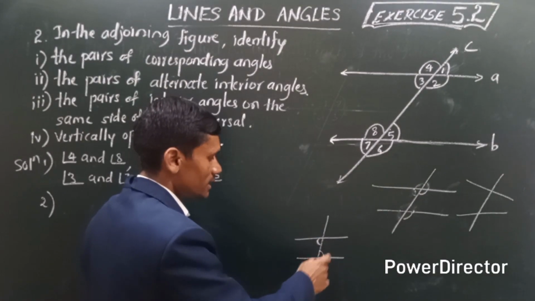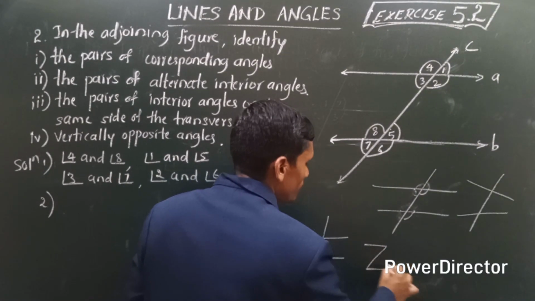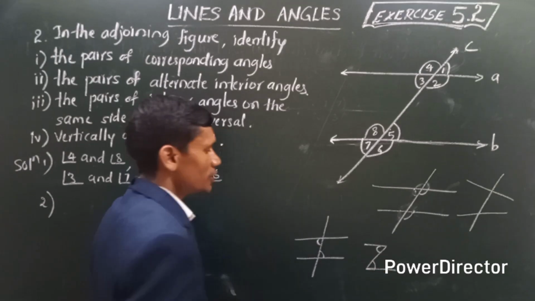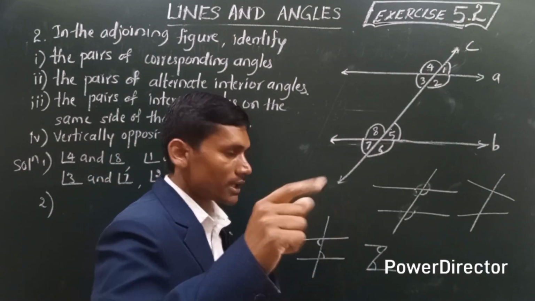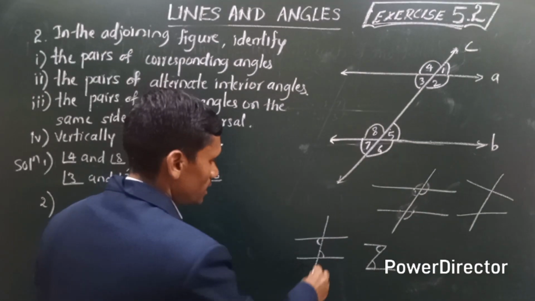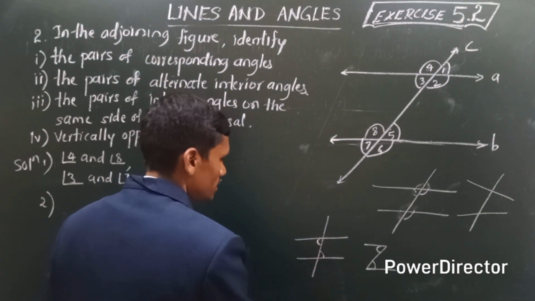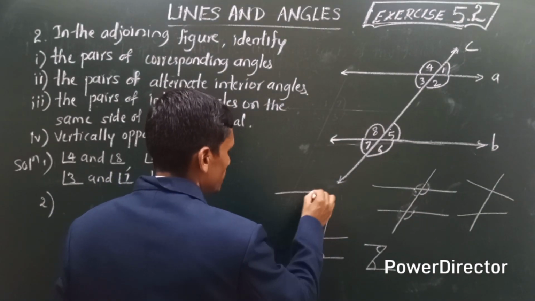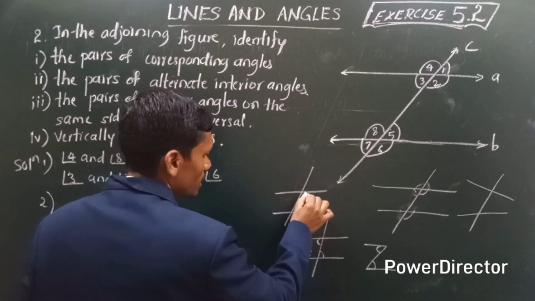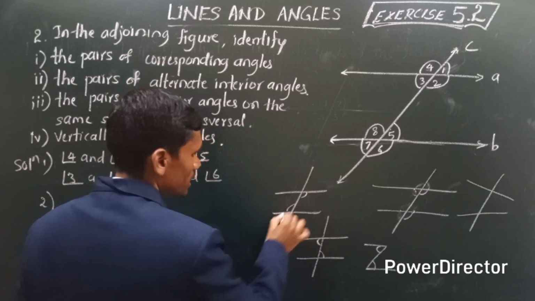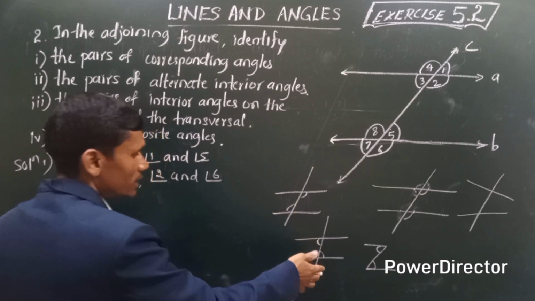Alternate means their direction is in opposite. See, if you take Z in this position, what we are getting, these are called alternate interior angles. Pairs of alternate interior angles if you get, here one pair you are getting, right? Next, in the same way, if you take another pair of lines, in this again you see, here also you can get like this, pair of alternate interior angles, right? So there are two pairs.